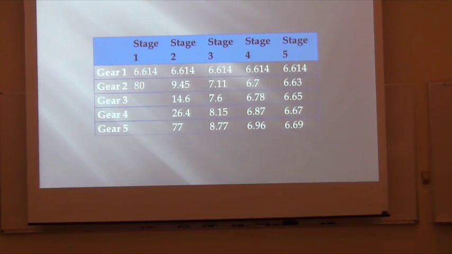For the second sun gear we have 5 satellite gears: 6.614, 9.45, 14.6, 26.4 and 77. And for the third gear, these are the results. Fourth gear, these are the results. And fifth gear, these are the results.